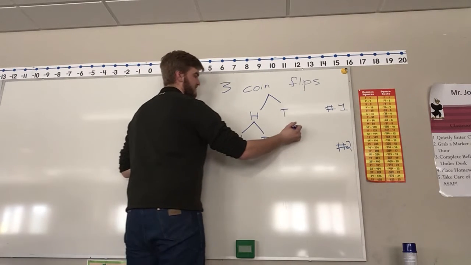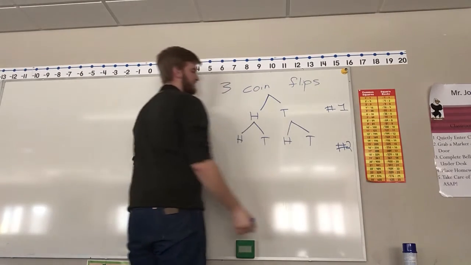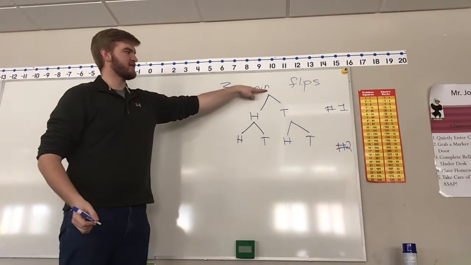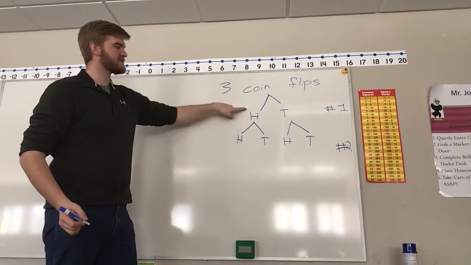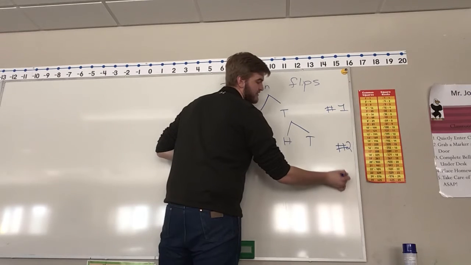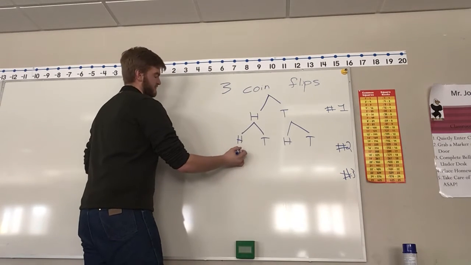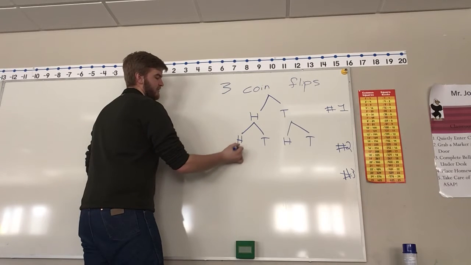And even if we got tails the first time, we can still get either heads or tails. So for our 2 coins, we could have gotten heads, heads, heads, tails, tails, heads, or tails, tails.